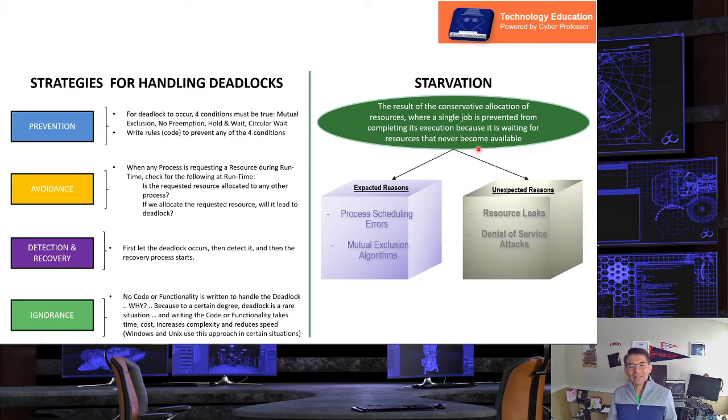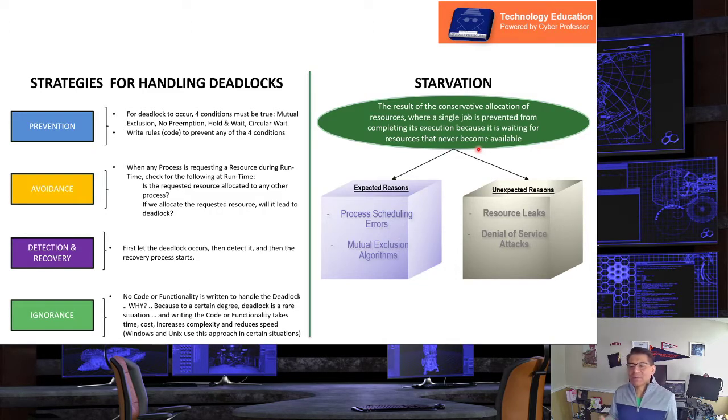And there are expected and unexpected reasons for starvation. So we are going to talk about process scheduling errors and mutual exclusion algorithms and some of the expected reasons why you may see starvation within a computer system.